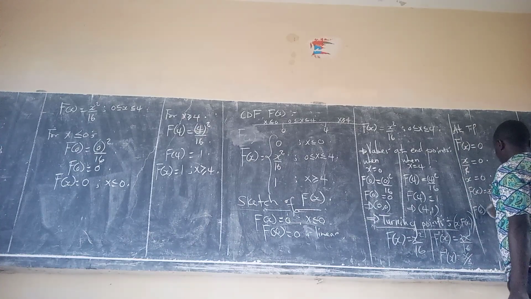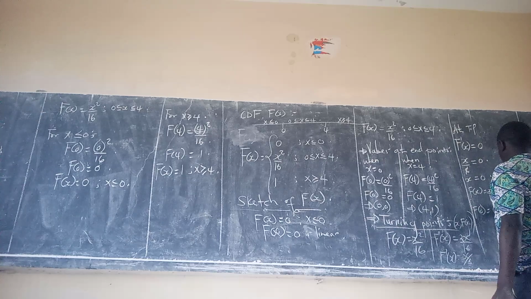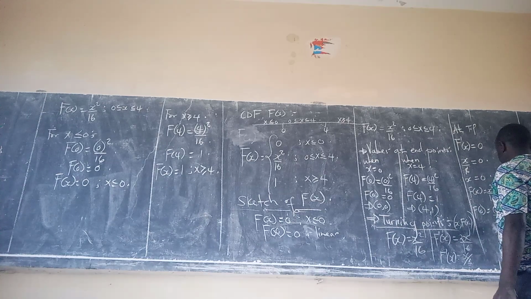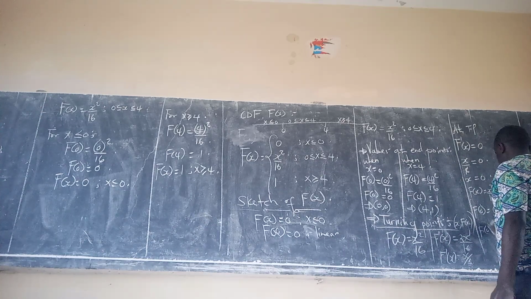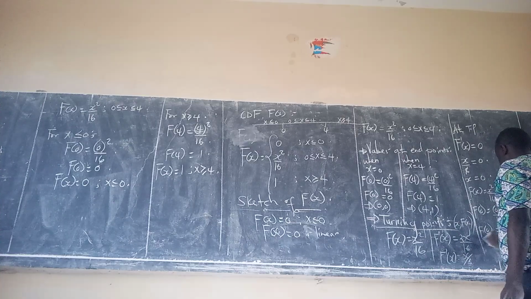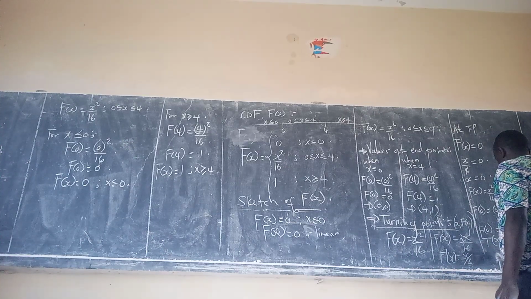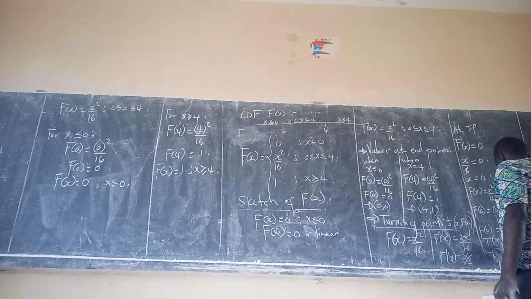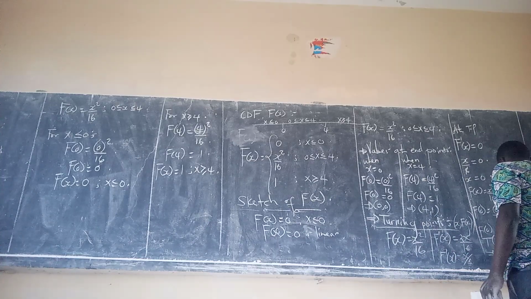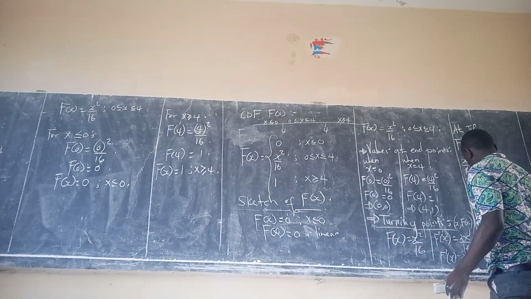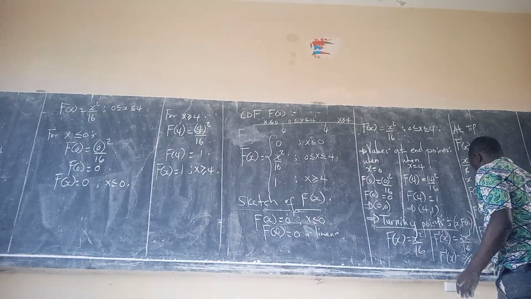Capital F of 0 is going to be 0 squared over 16, and capital F of 0 is 0. So our turning point, which is x, comma, capital F of x, will now become (0, 0).